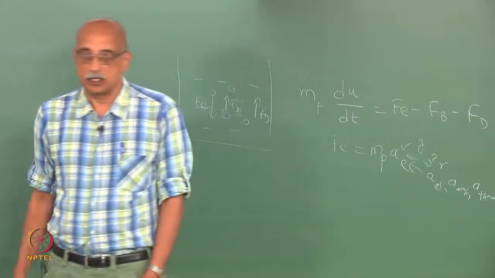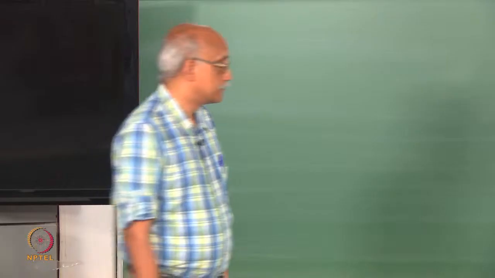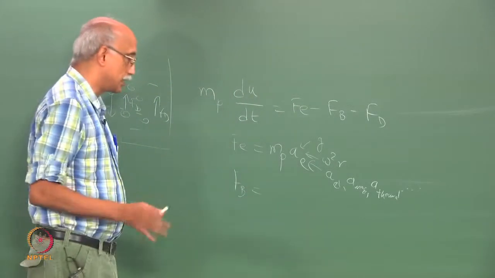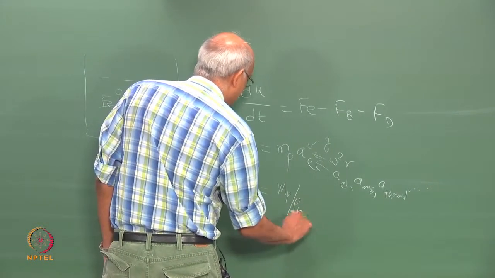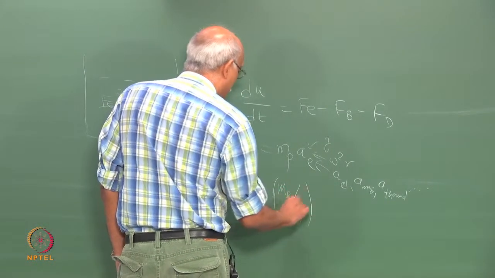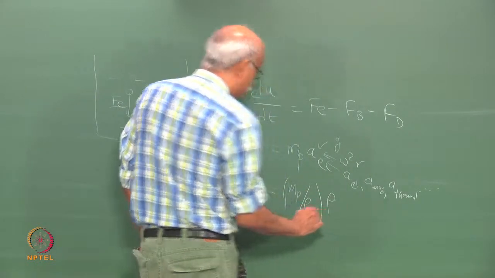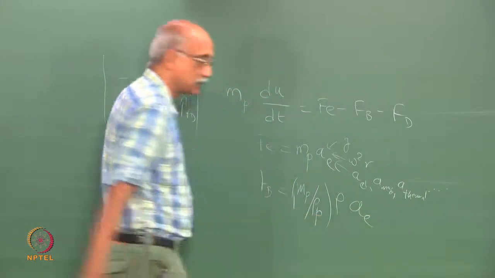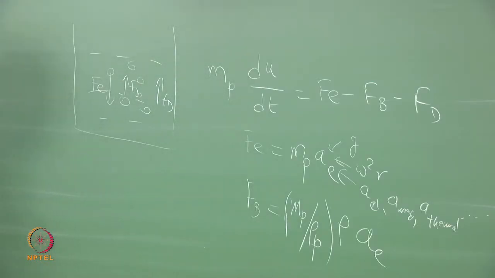So this AE can take multiple values depending on the actual flow environment. Fb, based on the Archimedes principle, mp by rho p is the volume of the particle. So this will be the volume of fluid that's displaced times rho, which is the density of the fluid, and you assume that the acceleration is the same, and so you write this as mp over rho p times rho times AE.